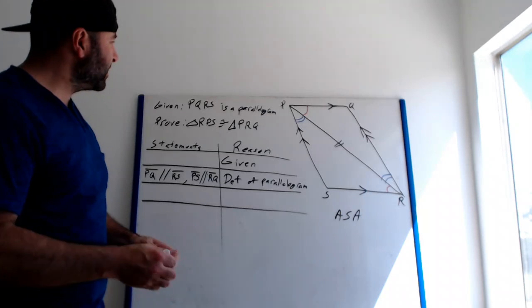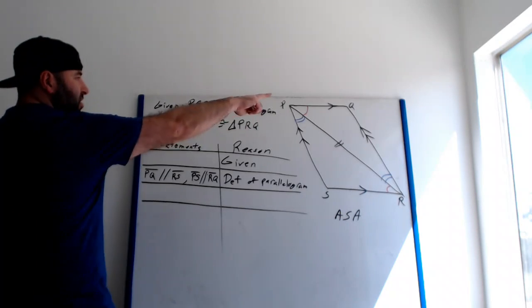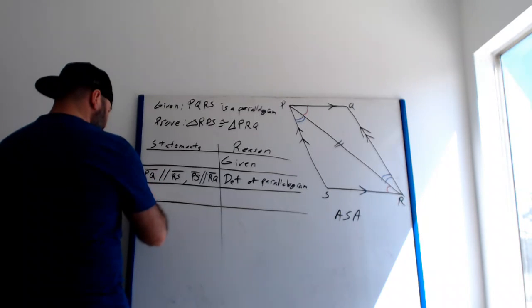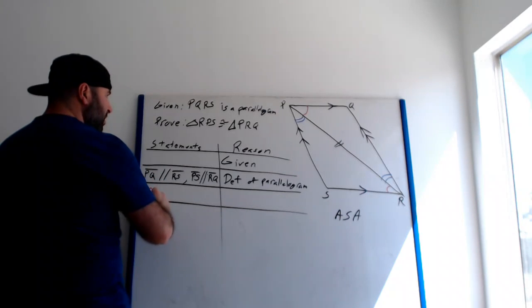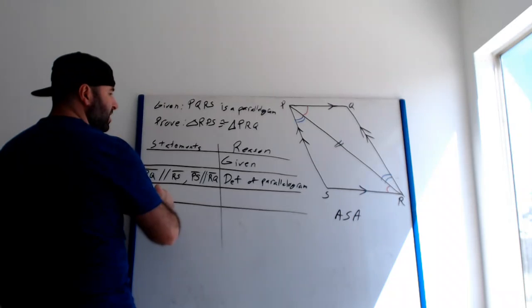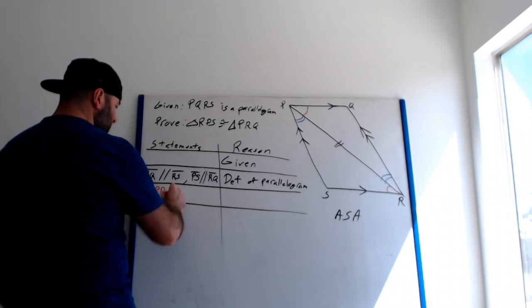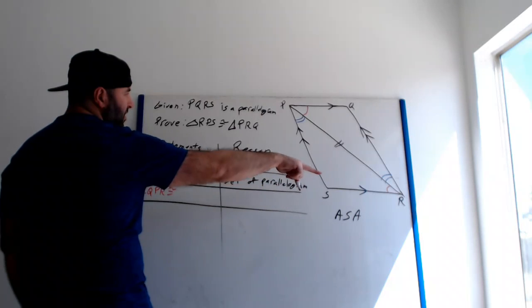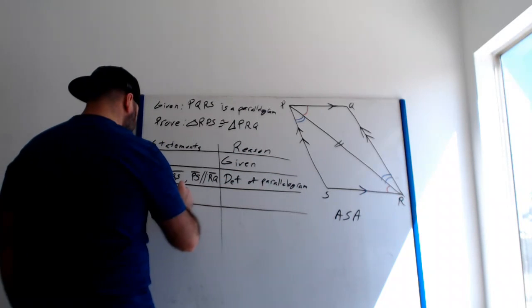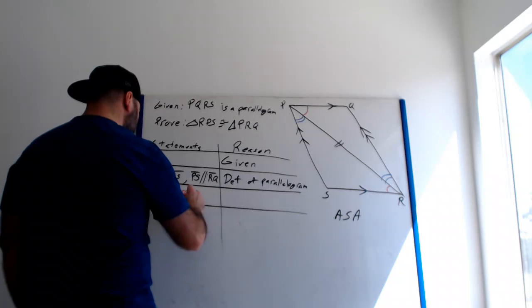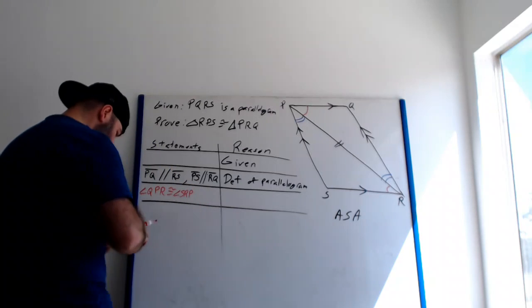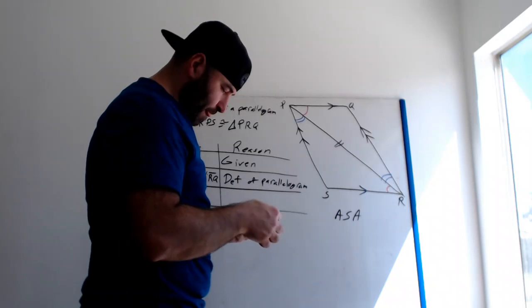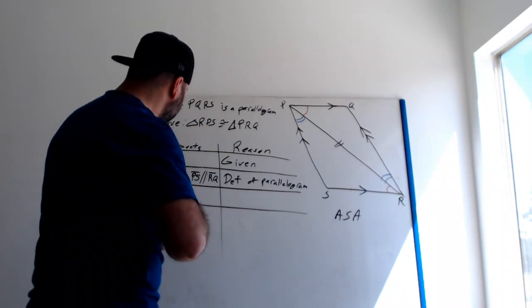Keep saying that word. So now I can say that angle QPR is congruent to angle SRP. Then I can also say the other two angles.